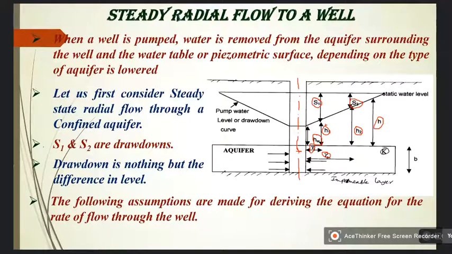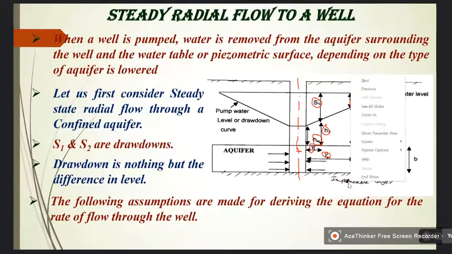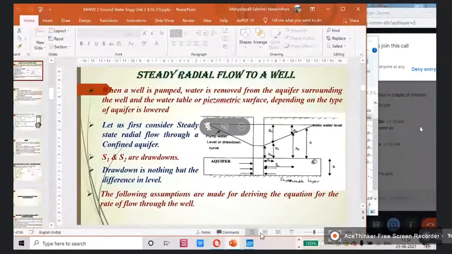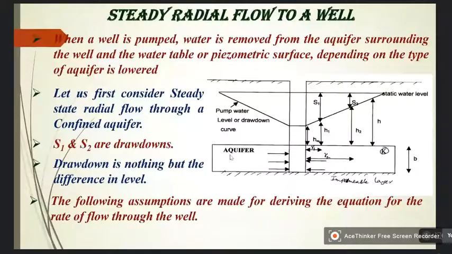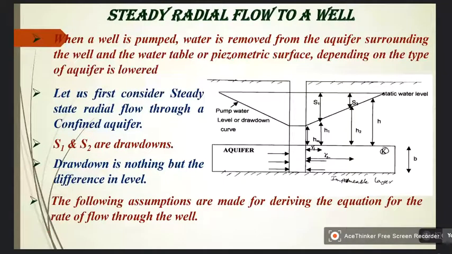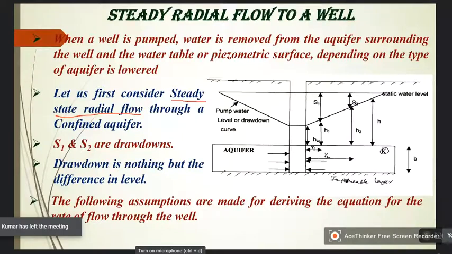So let us first consider steady state radial flow. Let us consider first the confined aquifer case. So steady state radial flow through a confined aquifer. Now here I have to add one more term.